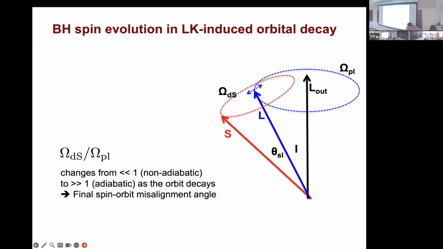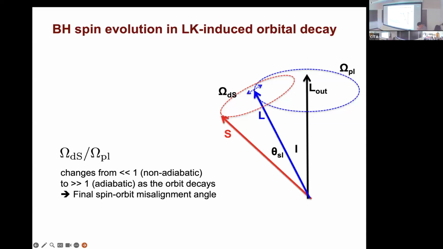This ratio of frequencies actually changes as the orbit decays. Initially the inner orbit is very big, so this ratio is much less than 1, and then eventually the two little black holes become very close to each other, and of course the spin precession will be much larger.